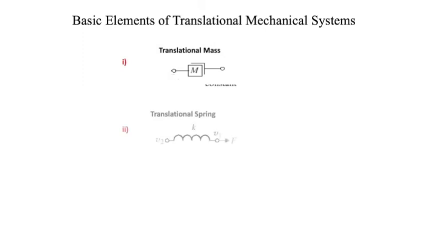So basically, the symbols used to represent mass, spring, and dashpot are as shown in the figure. What are the symbols used?